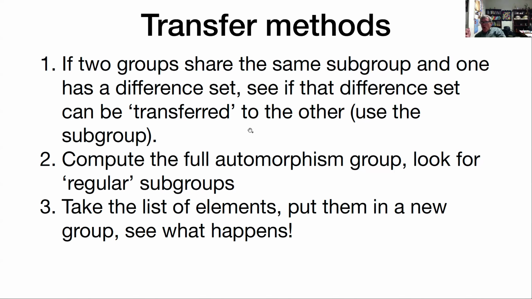And the most bizarre of all, but it did work: just take the list of elements from GAP. GAP is a total mystery to me how it works. You'll get a list of 120, element number 2, number 7, number 8, 13, whatever. You just take those elements and stick them into another group and see if it works. And sometimes it does, for reasons that I have no idea what they are, but it did get us some of the more difficult groups.